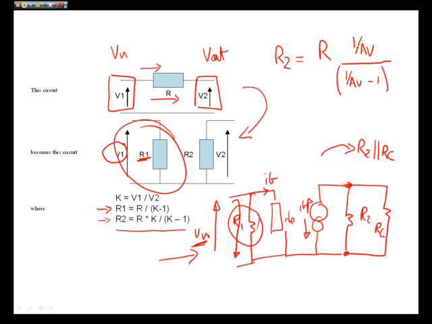If the gain is high of our amplifier, 1 over AV will be small. 1 over AV will be small, minus 1 will now be almost dominated by the 1. You divide through, we're basically going to say that these two components are going to approximate to being the same value. So, let's go back to our circuit, let's go back to our small signal equivalent model, and let's work it through.